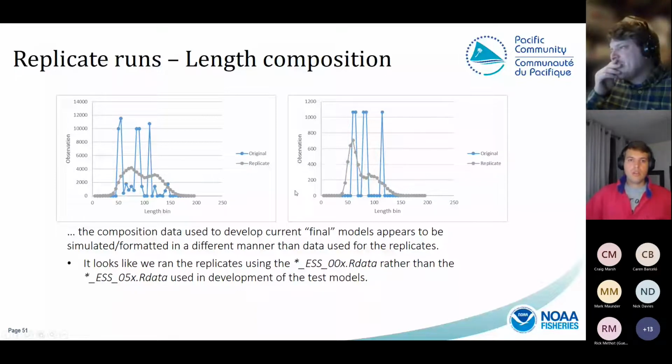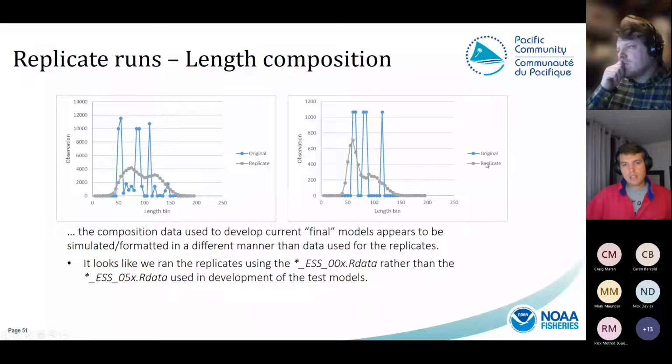So the test data set with that effective sample size of 5, that ESS_05X data, is in the blue, and what we used for the replicates actually was the ESS_00X, which is in the gray. And that much smoother length composition data, the Dirichlet multinomial, estimated a much higher effective sample size relative to that sparse data that we were initially fitting the models to, and it completely dominated the fit.